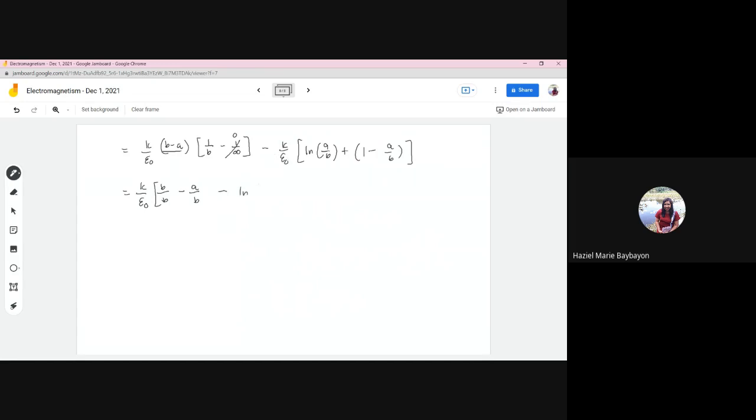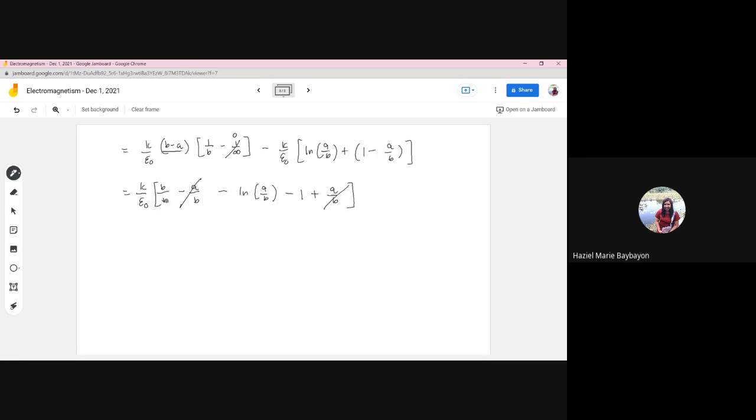So, we have ln a over b minus 1 plus a over b. Okay, so we can cancel this out. Negative a over b plus a over b is 0.